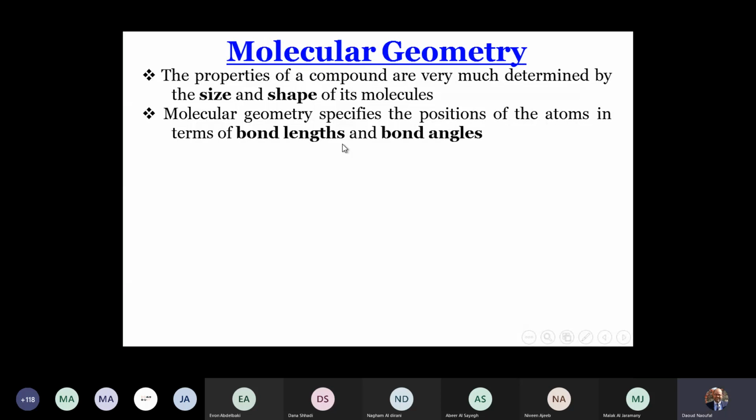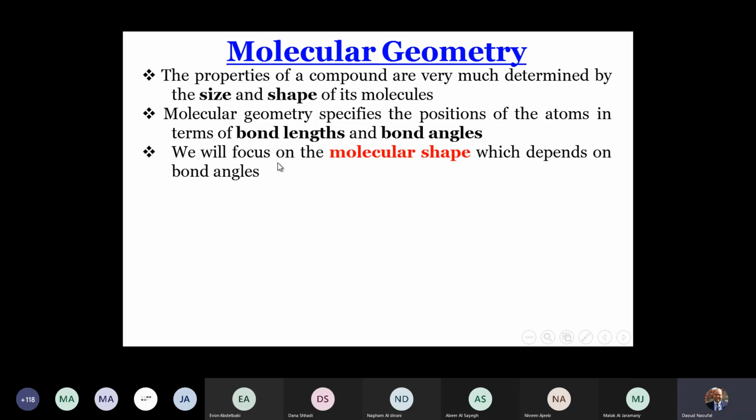The molecular geometry can explain the strength of this bond, so we can know the bond length or the bond distance, and the geometry explains the bond angle between the outer atoms and the central atom.